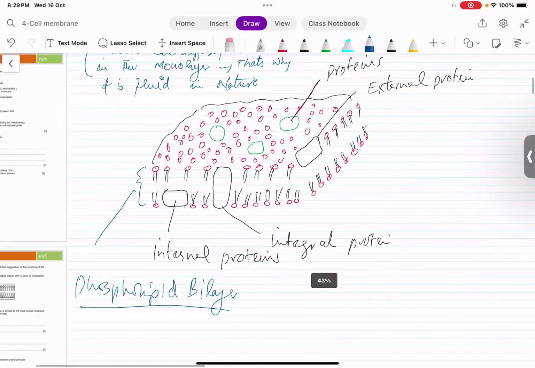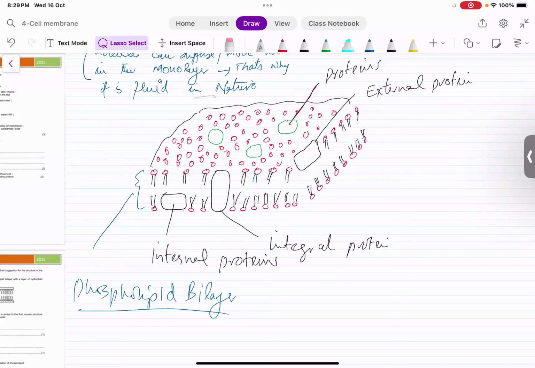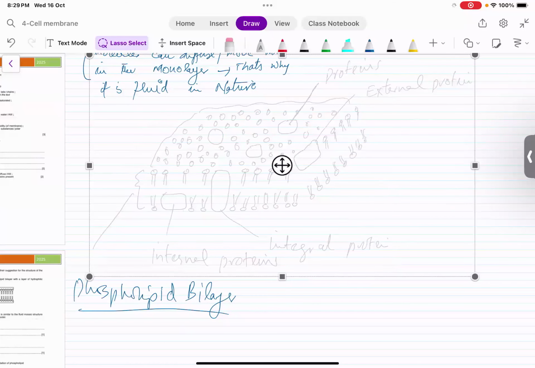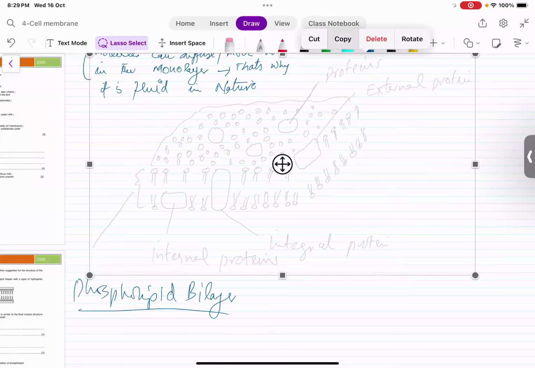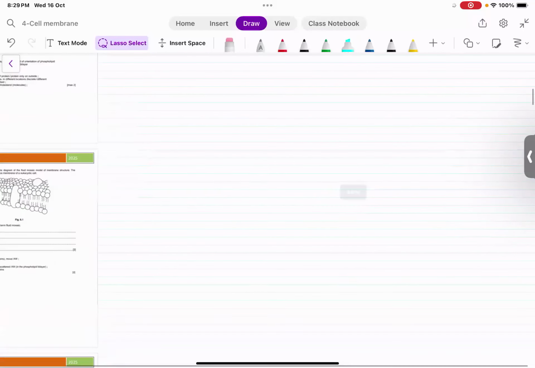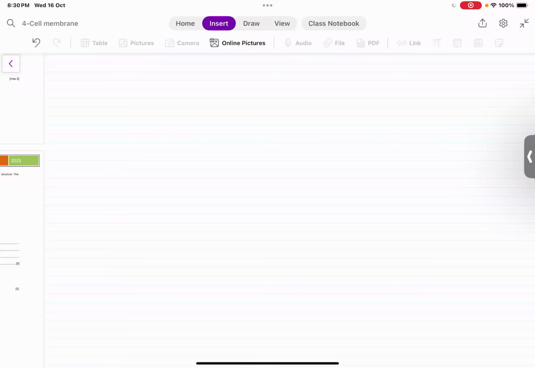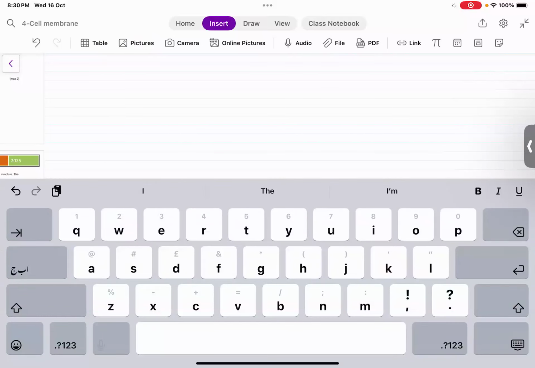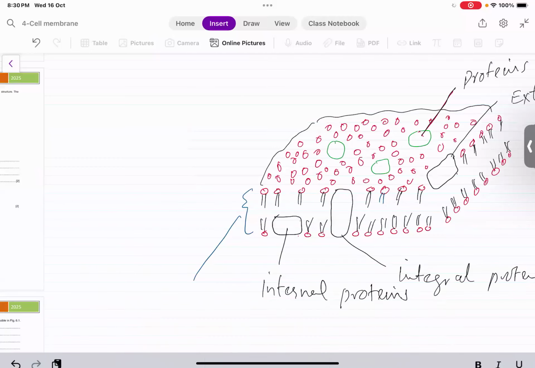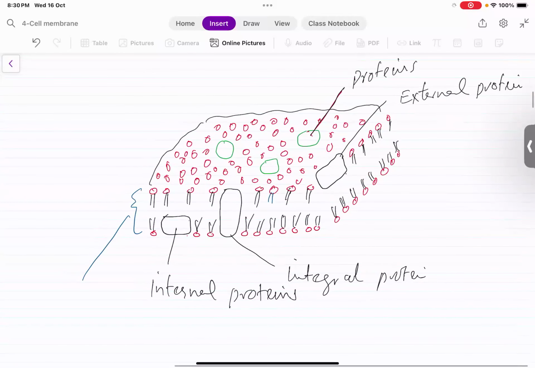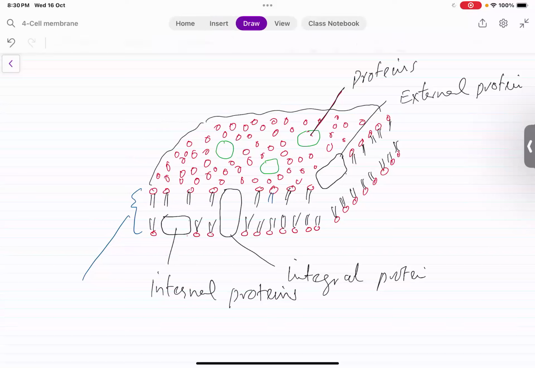Let me copy this structure from here, and this is copied here, and I'll just paste it here again. So let's see. This is the phospholipid bilayer with the proteins embedded into it or scattered into it, making a fluid mosaic model. Some more structures or the components are embedded into it.